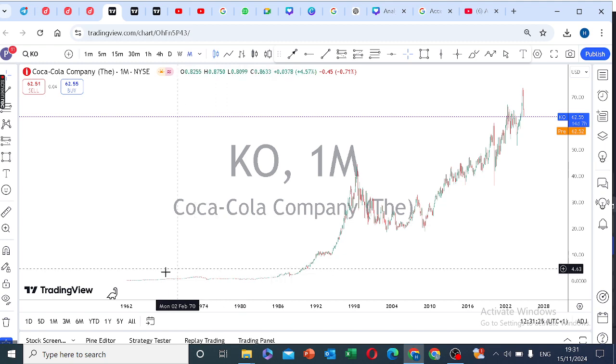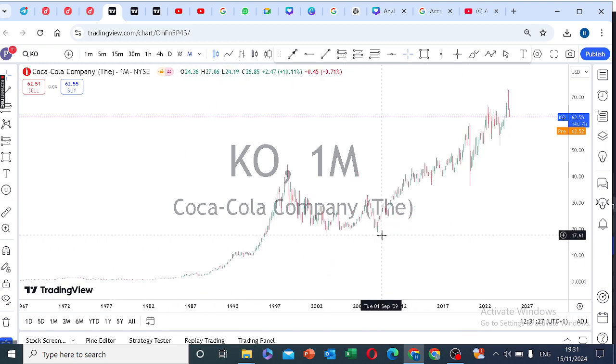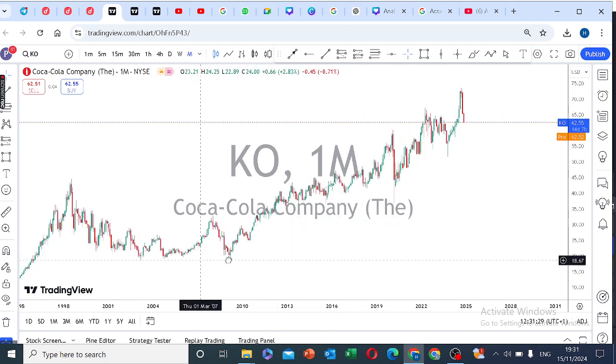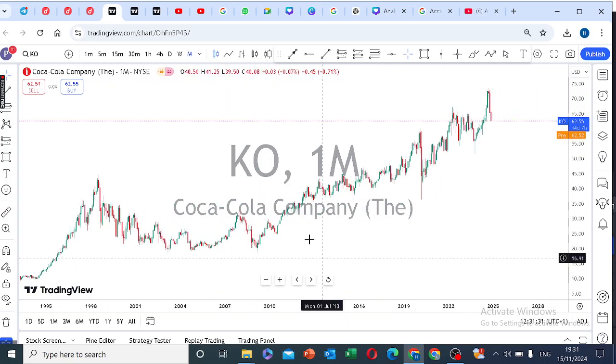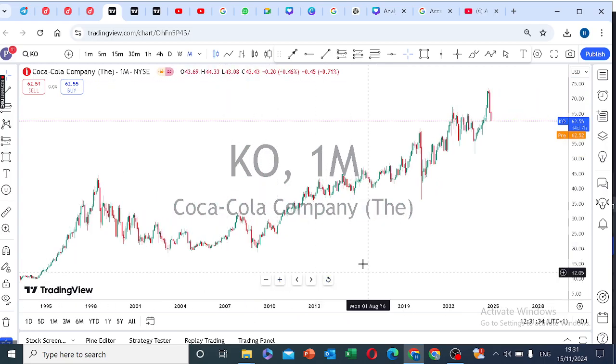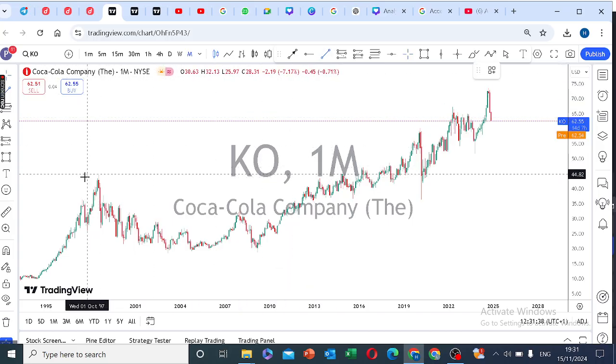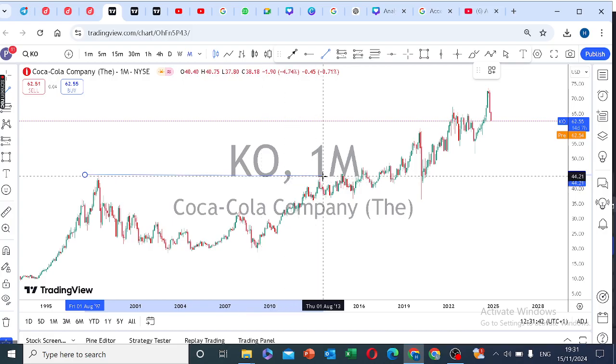That was when it got listed to charts. And ever since then, Coca-Cola has remained on an uptrend. Now, anytime they drop in value, they always regain strength and continue the move to the upside.